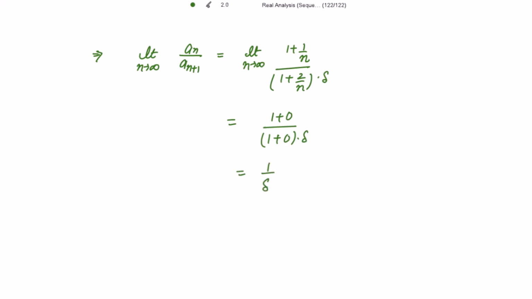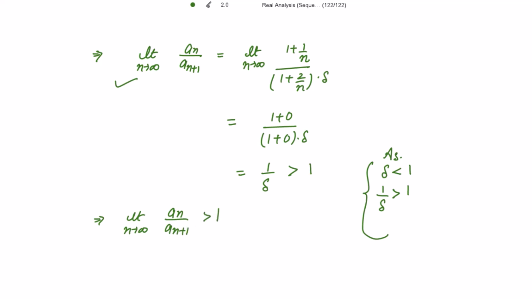Now it is given that delta is strictly less than 1, which means 1 over delta is strictly greater than 1. So this limit is greater than 1. This implies limit n tends to infinity an divided by an plus 1 is strictly greater than 1, which is the condition for a convergent series by D'Alembert's test.